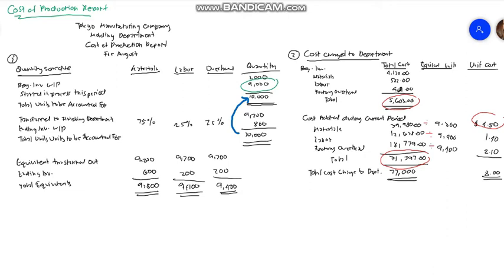Okay, so let's go to the third one, the cost accounted for. So where am I going to write this? Okay, just keep it here. Cost accounted for. So let's first write this one.